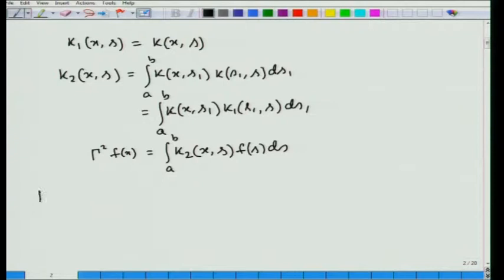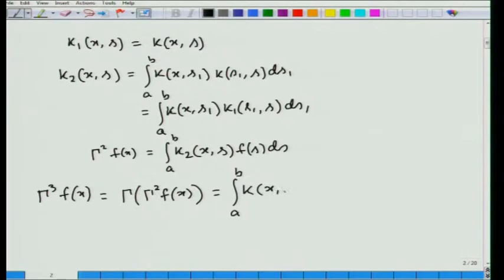Next, if we calculate Gamma 3 f x in terms of the iterated kernel, then we can find Gamma operating upon Gamma 2 f x. Similarly, as previously, that is integral a to b k of x comma s 1 Gamma 2 f of s 1 d s 1.